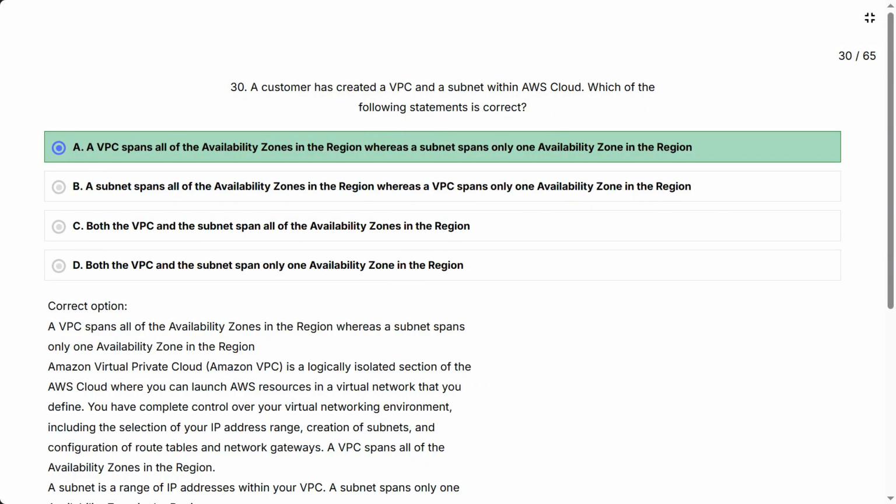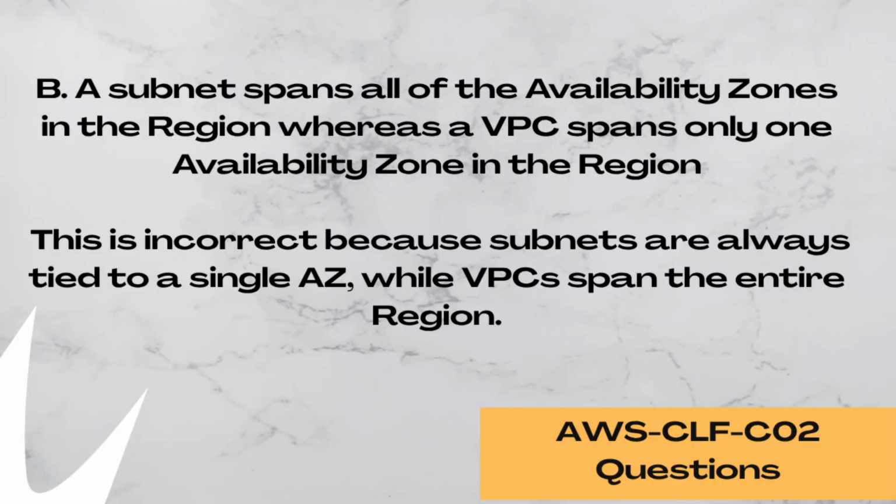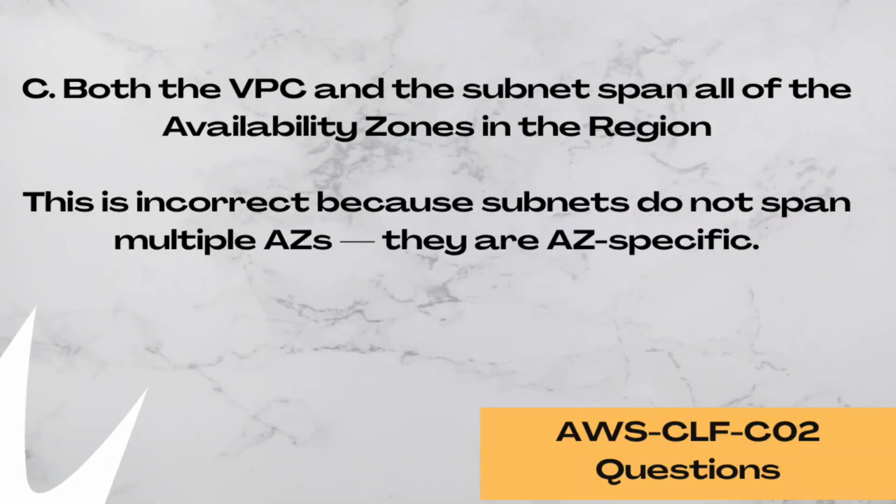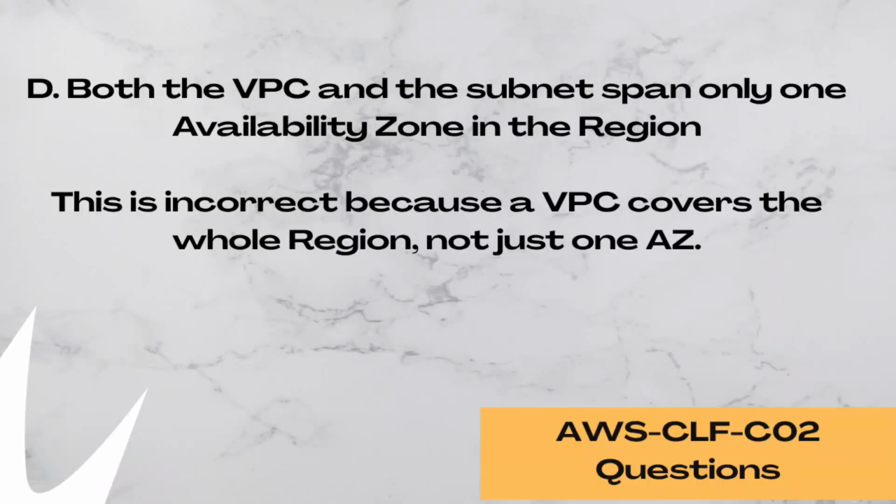Then we have option B. This is incorrect because subnets are always tied to a single AZ while VPCs span the entire region. Then option C is also incorrect because subnets do not span multiple AZs, they are AZ specific. And the last option is also incorrect because a VPC covers the whole region, not just one AZ.